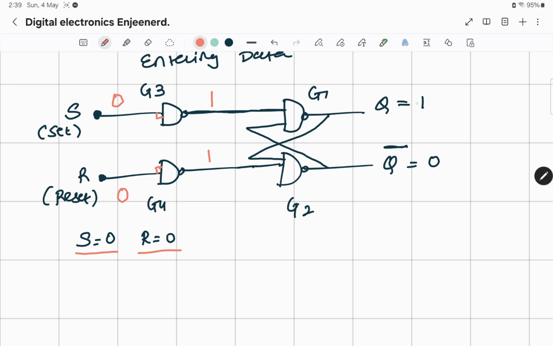Now we are assuming the initial state of this latch is 1 and 0. Q is 1, so this 1 travels back as feedback and appears here at the second input of this NAND gate. I have 1 for this, so 1 into 1 is 1, but NAND will do a reverse of it and I will get a 0 here.